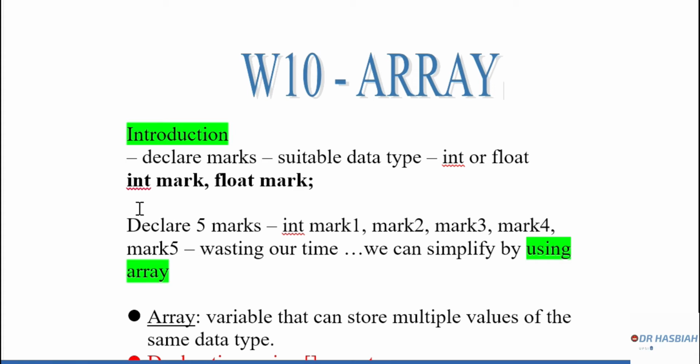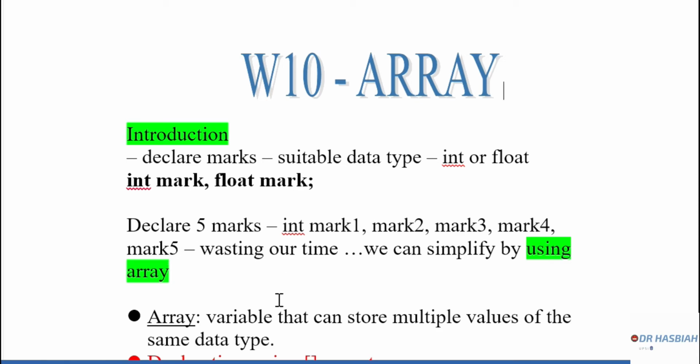If you want to input an integer number, you might use integer, but if you want to input a floating number, you might use float. So you can use either one, right? Let's say now you want to declare 5 marks. So you have integer mark 1 comma mark 2, mark 3, mark 4 until mark 5.